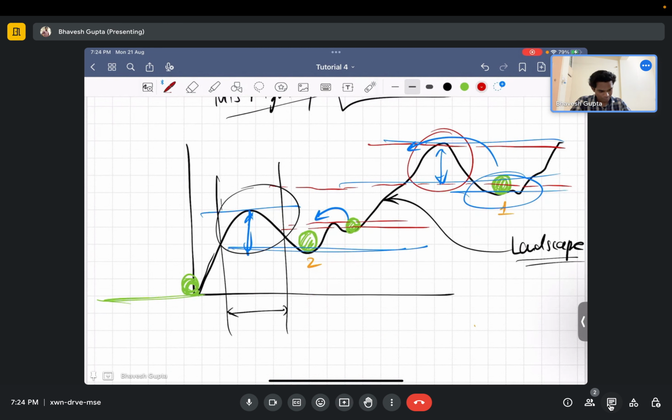If my defined values of x were that big, then I see that my minima is here and maxima is here. So your minima and maxima depend on what values of x you are trying to define.